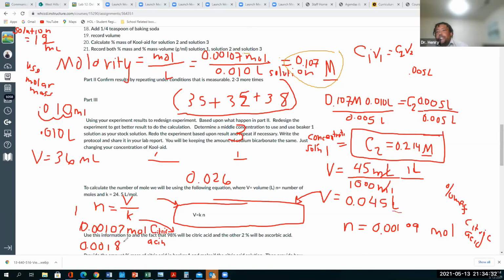And what is your issue with that? So that's what you got for your value, right? Yes. Okay, so I don't understand your issue. So then that gives you your number of moles. Oh, so was that n equals 0.00109 an example?